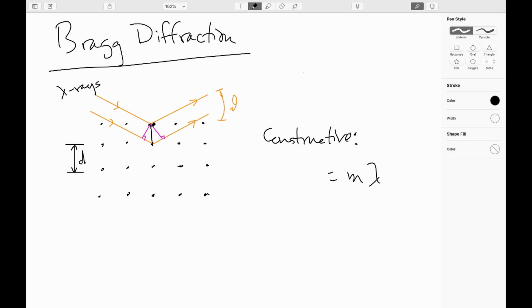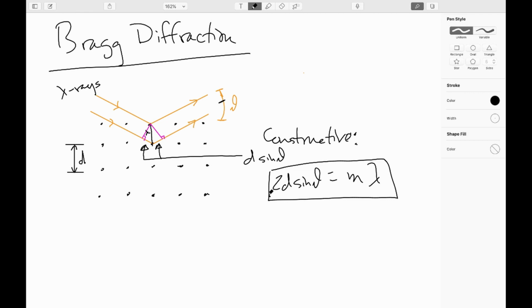Well, this line right here would be the spacing between the atoms, d, and that's also the hypotenuse of our triangle here. This angle here is also theta, so that means that the extra distance traveled would be equal to d sine theta. But there are two of these segments, so we'll need that 2d sine theta equals m lambda.